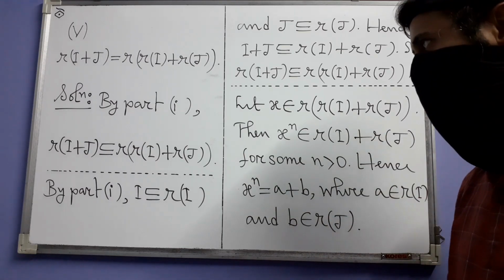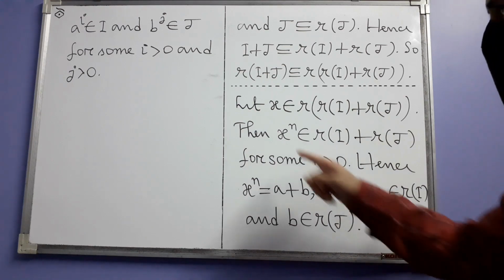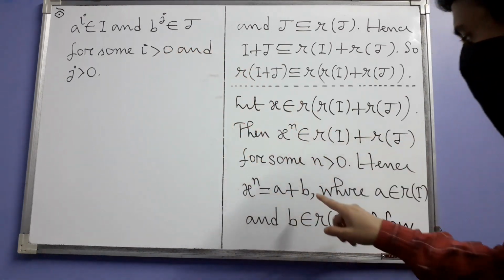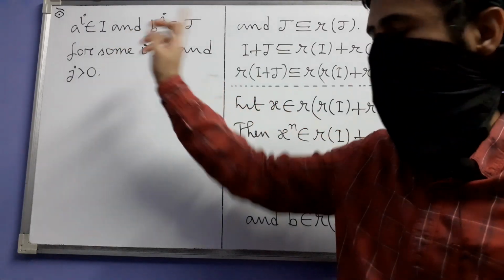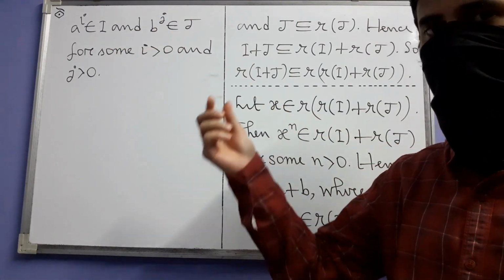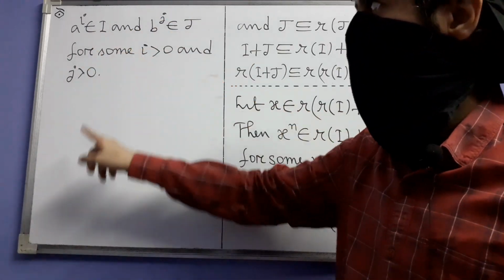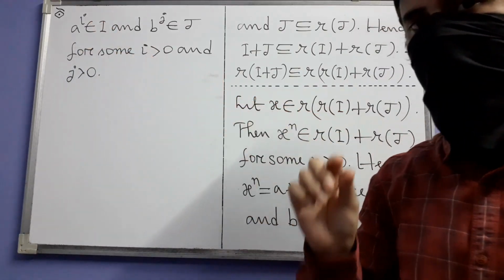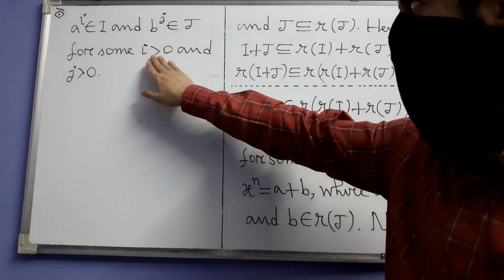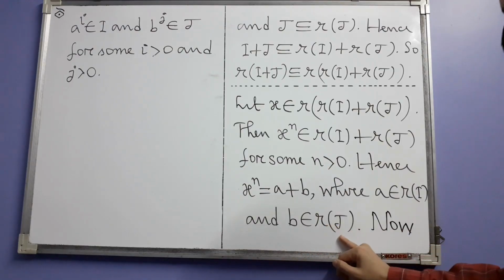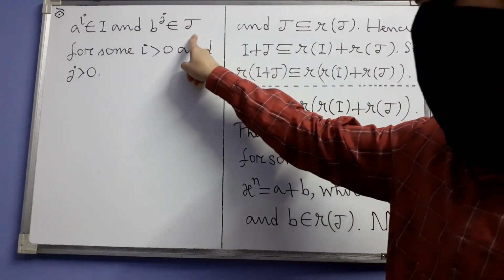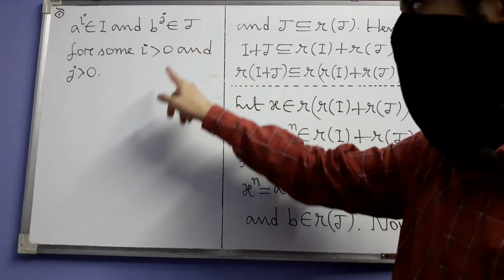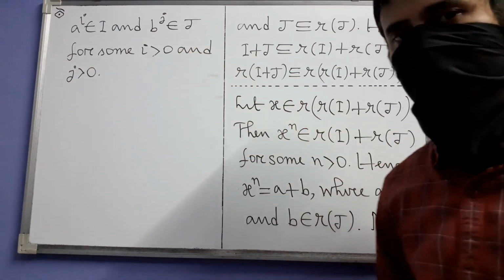Now next we have this: because a belongs to the radical of I, some power of a belongs to I, where the exponent, small i, is some positive integer. Similarly, because b belongs to the radical of J, some power of b, b to the power j, belongs to the ideal J for some positive integer j.